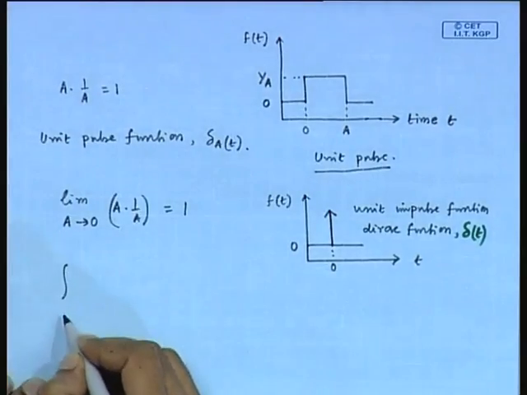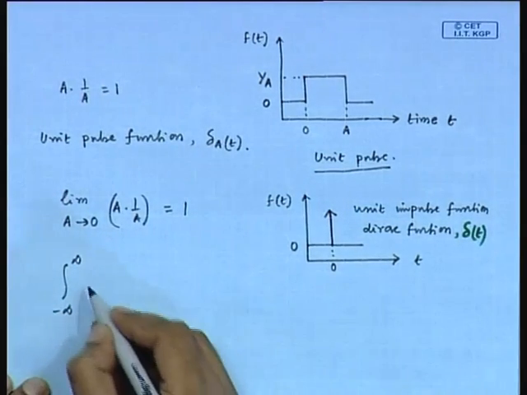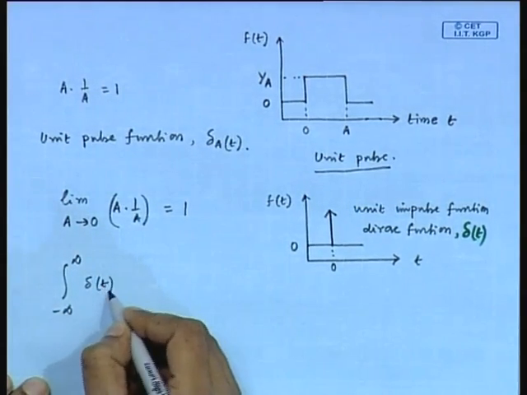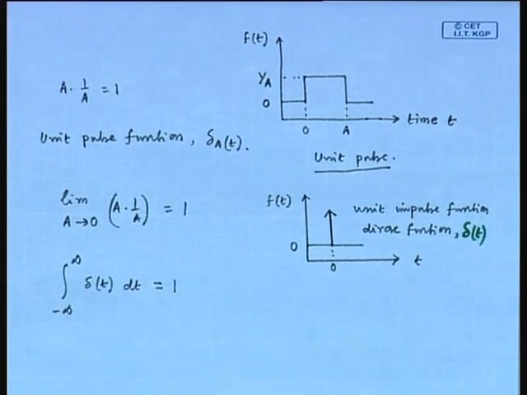We can represent this as the integral from minus infinity to infinity of delta(t) dt equals 1.